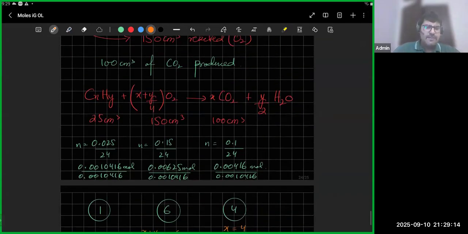Anyways, there are very few questions on this in past papers. Just note this down. It's a totally different way of solving a moles question, very different from the rest of the moles questions. Even when you're doing past papers, you're not going to come across these particular moles questions a lot.